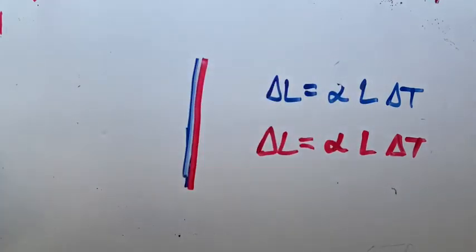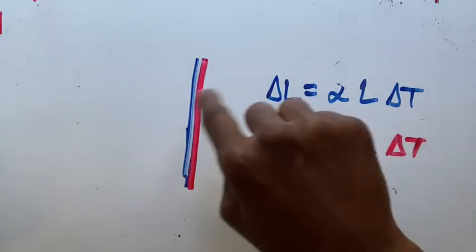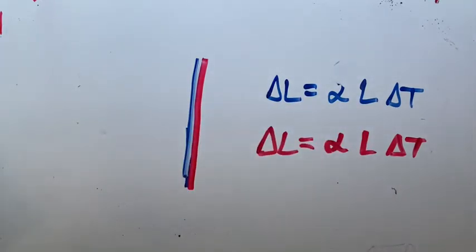So one of these metals is going to expand more than the other just because they're made of two different materials. So 35 says, an iron ring is heated, the hole becomes what?